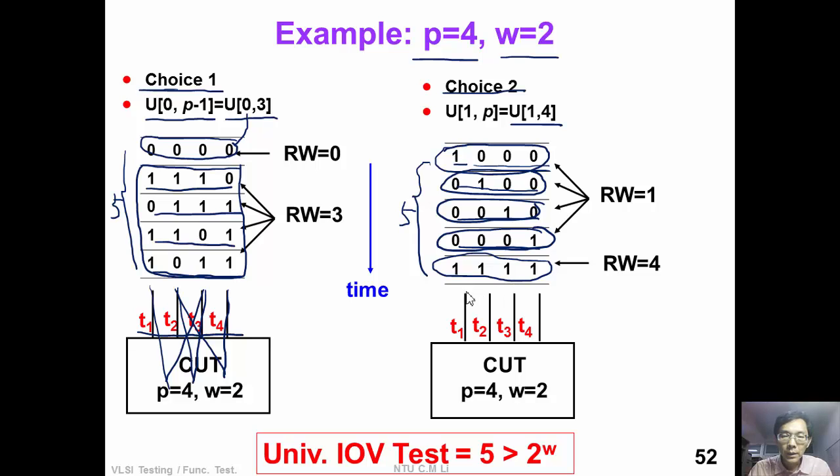When we take the combination of any pair of input, we always get an exhaustive test. You can check by yourself. So, according to the Universal IOV test table, we have got a general solution of which the test length is 5. This is larger than the lower bound, 2 to the power of W.